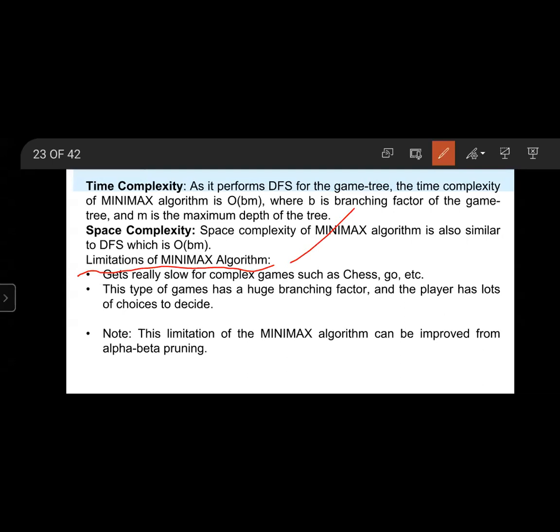Note down: this limitation of the minimax algorithm can be improved with alpha beta pruning.